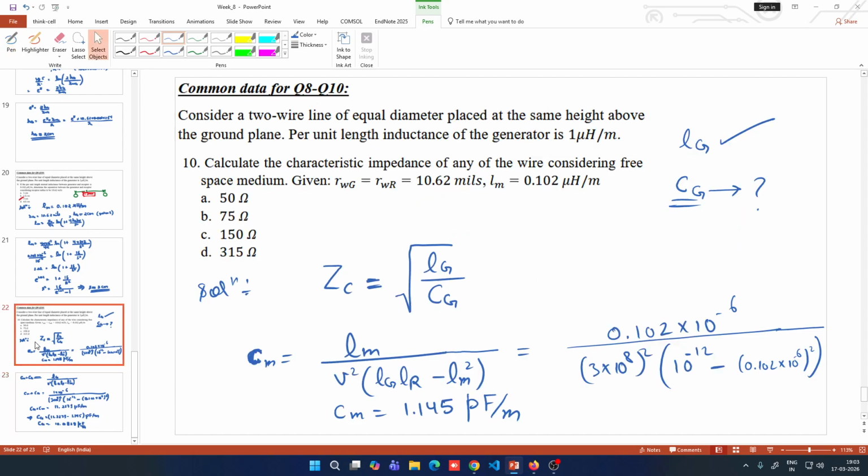But in the problem, we have to find the characteristic impedance of any of these wires. So ZC comes out to be the square root of the ratio of LG by CG.